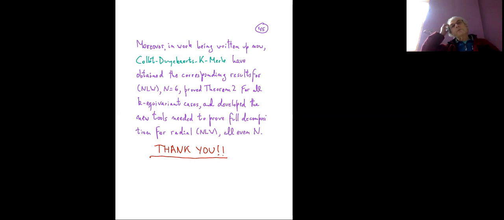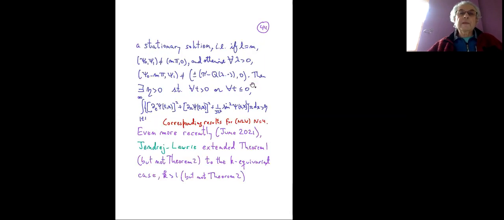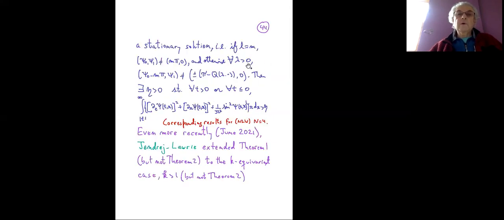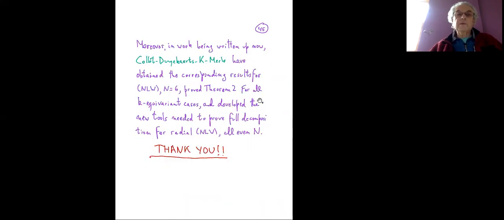We now were able to find that there is a weak form of the channels of energy, exterior energy estimates, that don't hold for the linear wave equation, but they hold for the wave equation linearized around the ground state. And we were able to show this outer energy inequality for all the equivariant cases too.